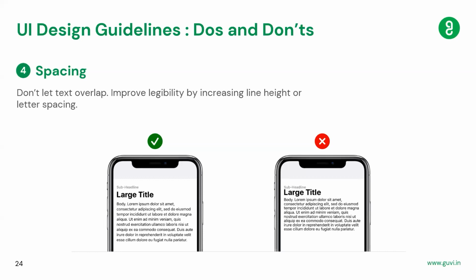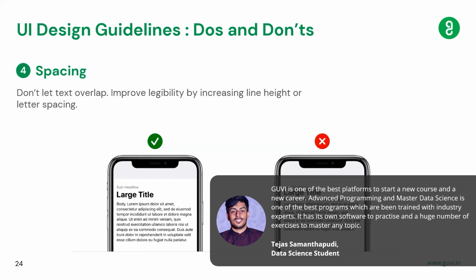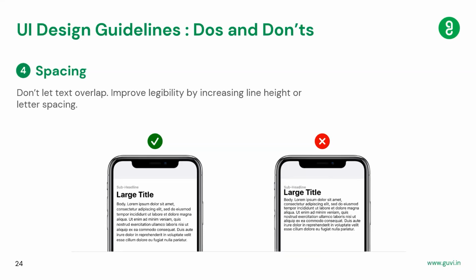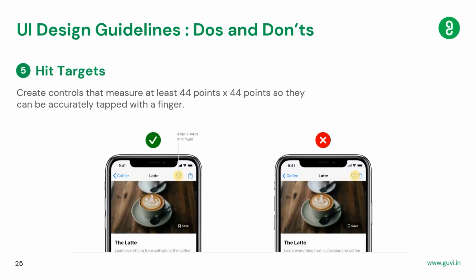If I put two very small buttons side by side, I might accidentally press one of them. So yeah, it should have breathing space. It should have ample space between the elements for proper user experience.